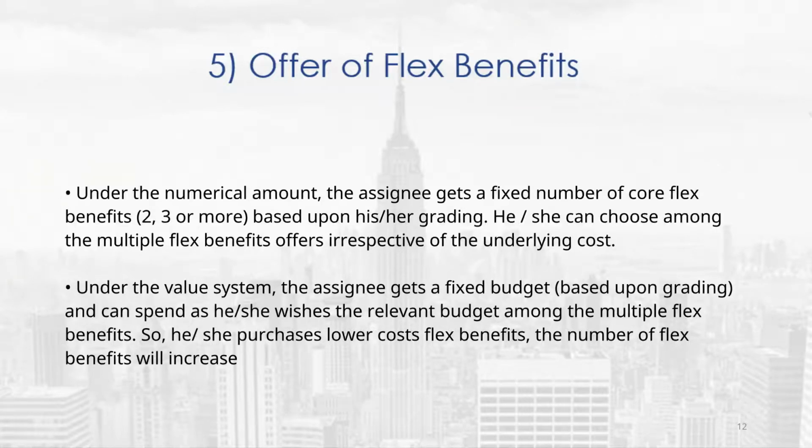He then can choose among the multiple flex benefits, irrespective of the cost. Under the value system, the assignee gets a budget, usually based upon grading, and he can spend the relevant budget among the multiple flex benefits. So in practice, if the assignee purchases lower cost flex benefits, the number of flex benefits will automatically increase.